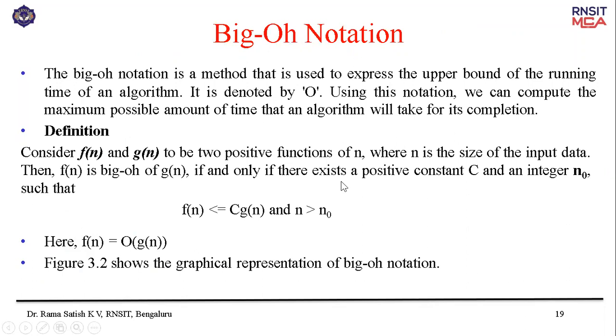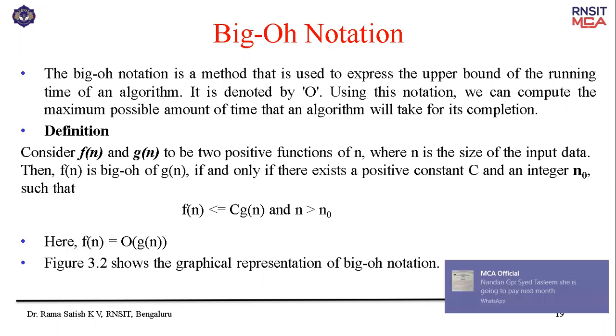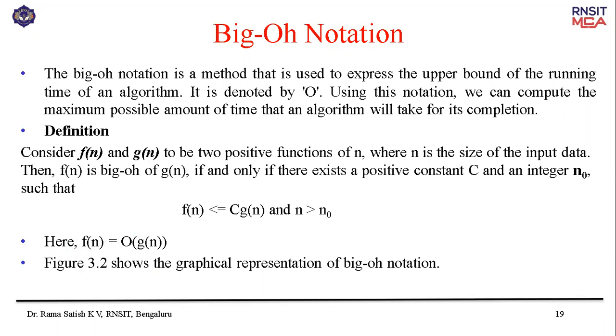Further, we talk about big O notation. As I already said, big O notation always talks about the best case, the upper bound. So big O notation is a method that is used to express the upper bound of running time in the algorithm.